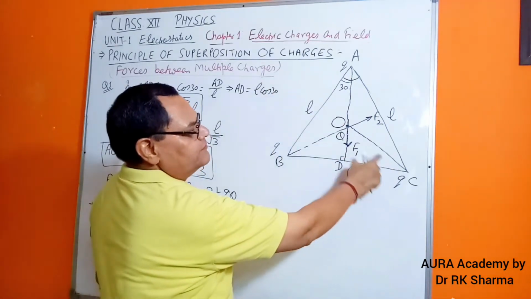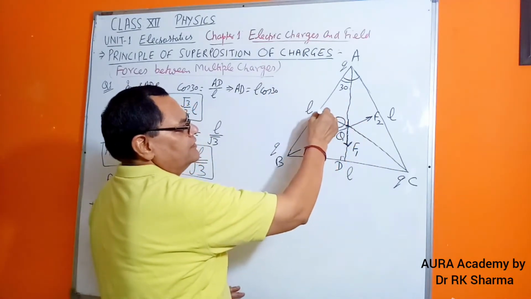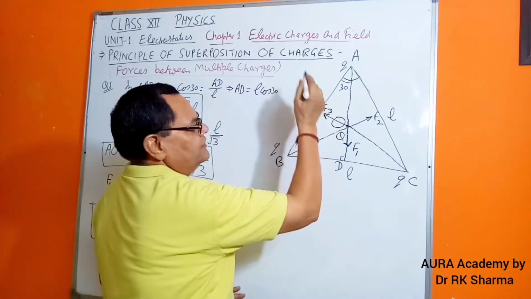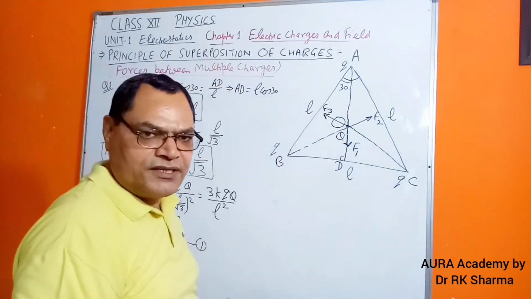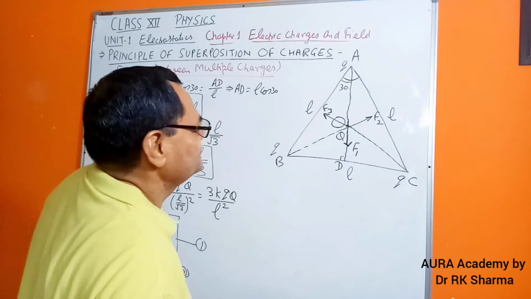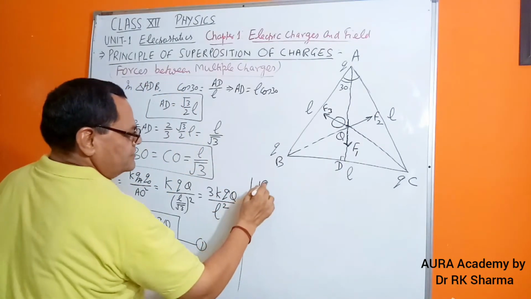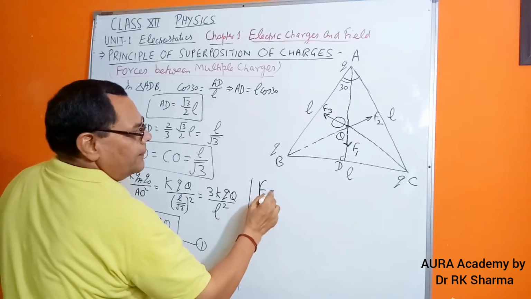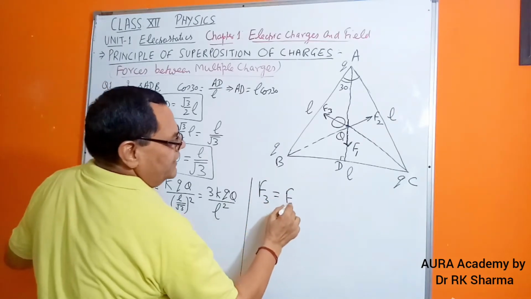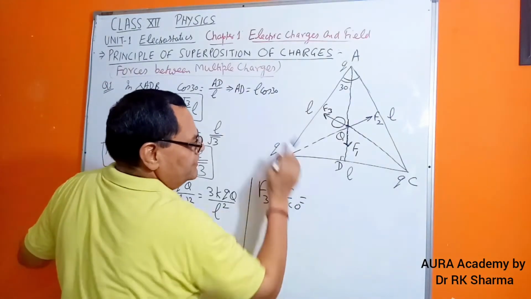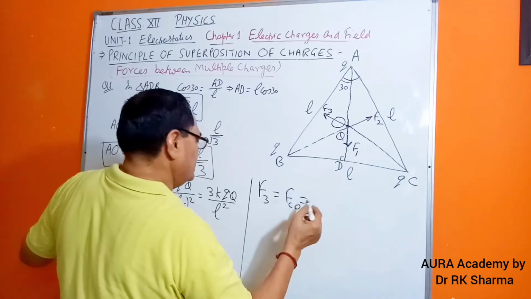So this will repel this, and let's say it is F3. So the F3 force will be acting this way, isn't it? Yes, the same. So again you can say, sir, F3, which is nothing but FCO, will be the same, but you can write it also.